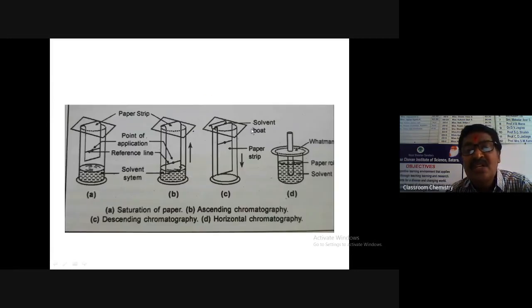When the paper is placed, this is the reference line and the solvent moves from this position to this position in a downward direction. Such a chromatography is known as descending chromatography.